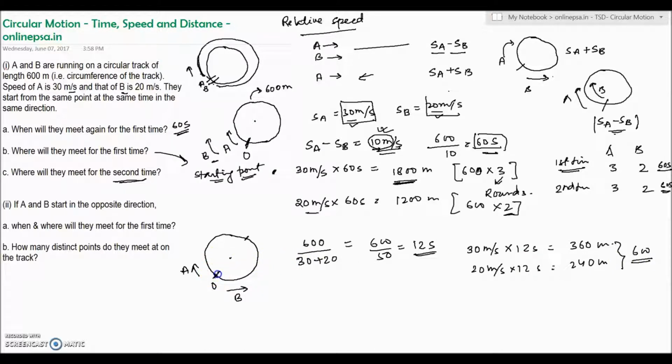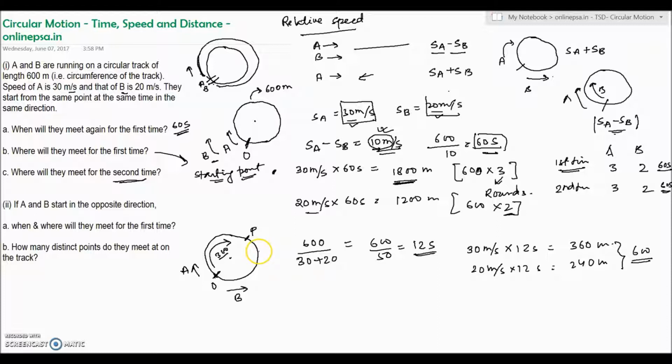So if O is the point and P the diametrically opposite point, OP will be nothing but half of 600, which is 300. So A must have been somewhere here, right?